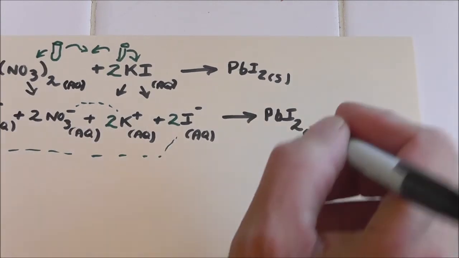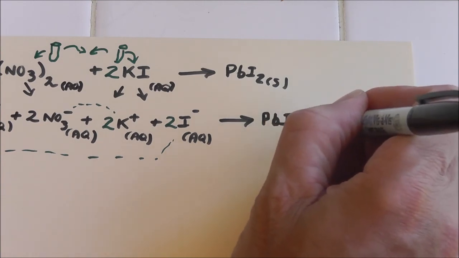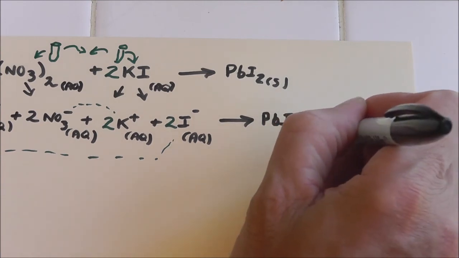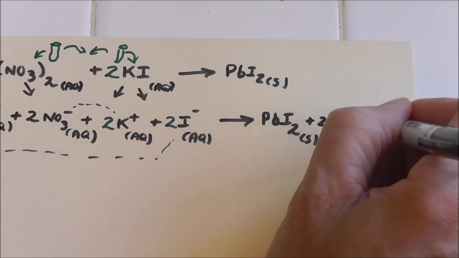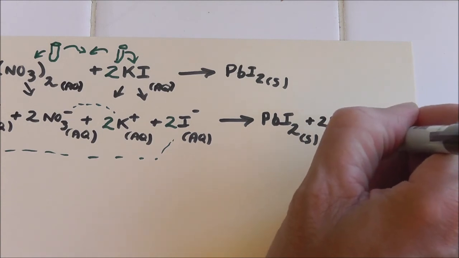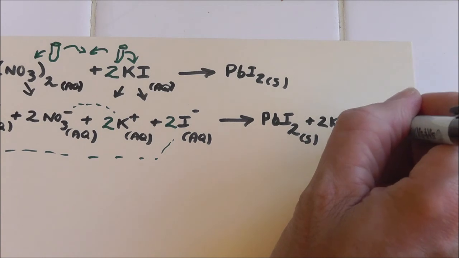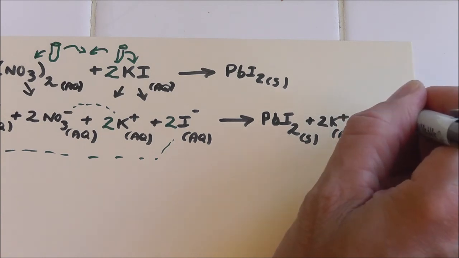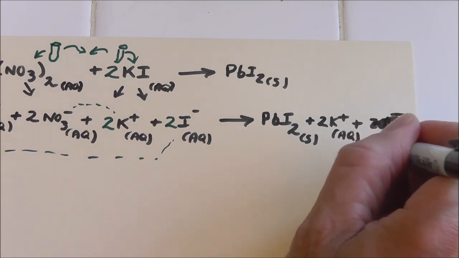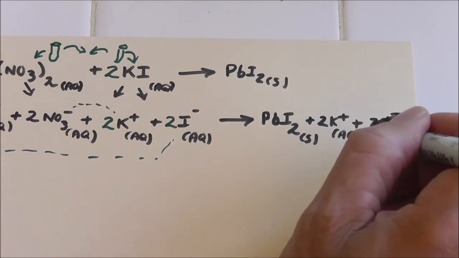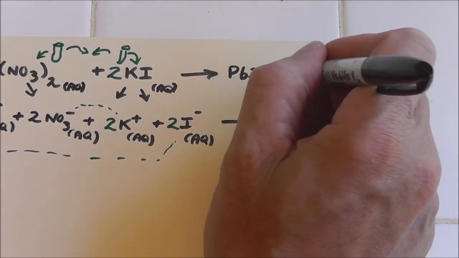So when I write this here, I'm going to go ahead and say plus 2K+ aqueous plus 2I- aqueous. Oh my goodness, NO3-. I Freudian slipped. 2NO3- aqueous.